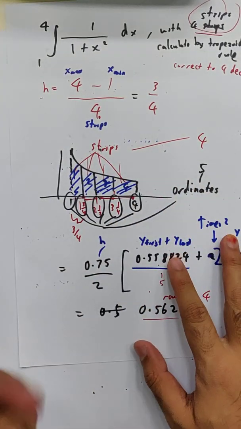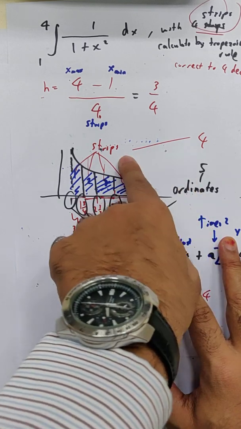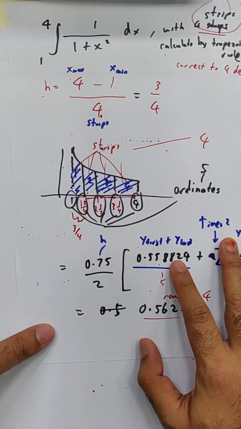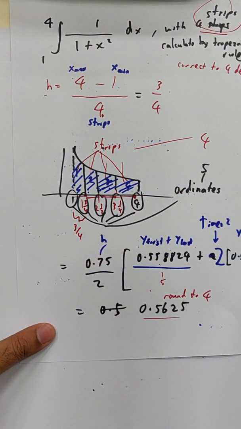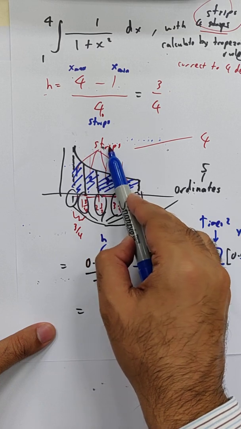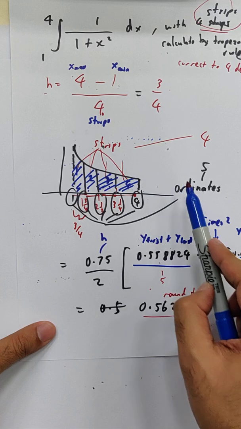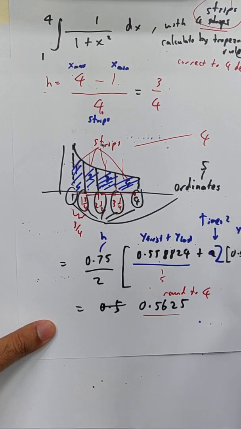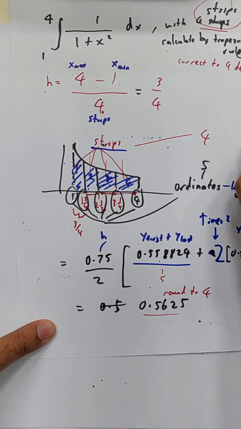Okay, and the formula that you need to use strips is over here. So ordinates will always be plus 1 than strips. How are you going to remember that ordinates are plus 1 from strips? Well, strips has 1, 2, 3, 4, 5, 6 alphabets if you count the S. Ordinates have 1, 2, 3, 4, 5, 6, 7, 8, 9. So this one is a longer word compared to strips.